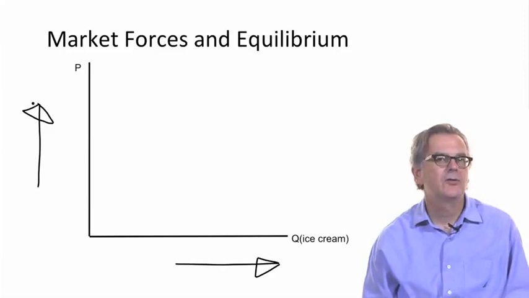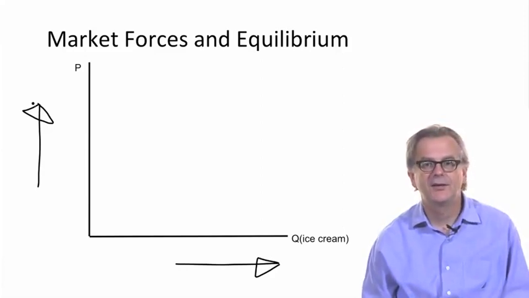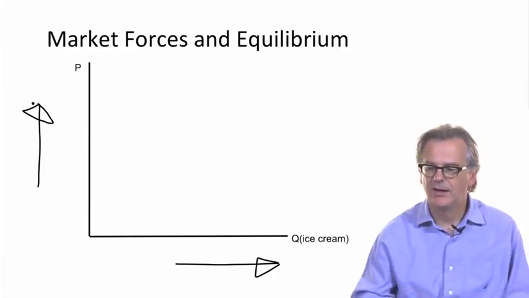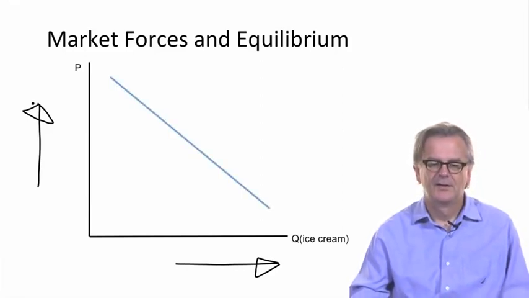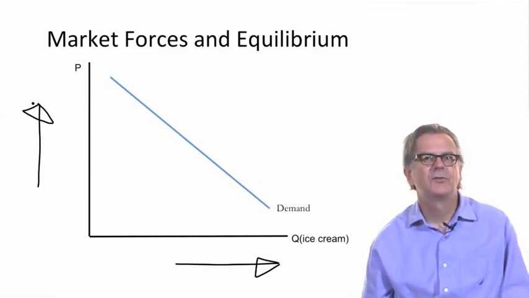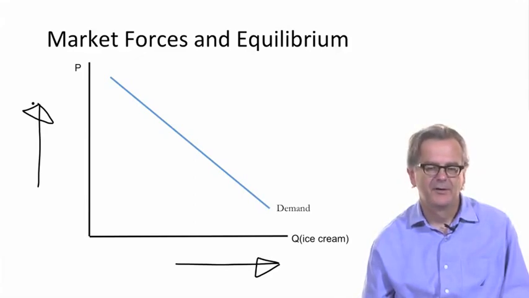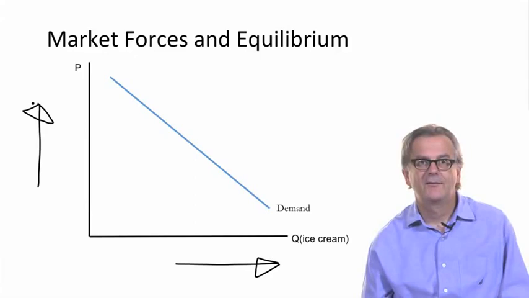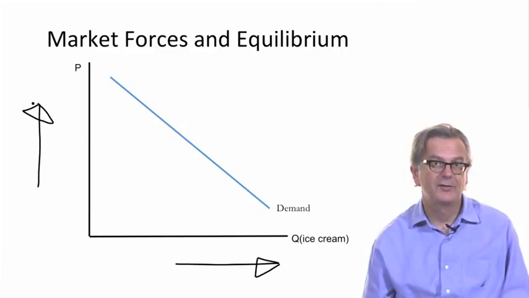They are the only two pieces of information I need for this particular analysis. First, the demand for ice cream, consumers' demand for ice cream. In microeconomics, we represent that conventionally by a downward sloping line, the demand curve as it's often known.